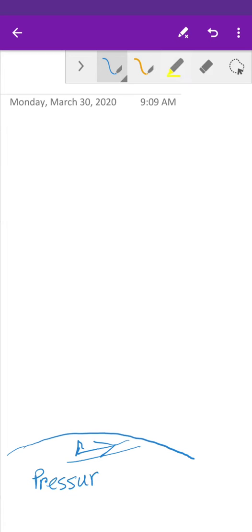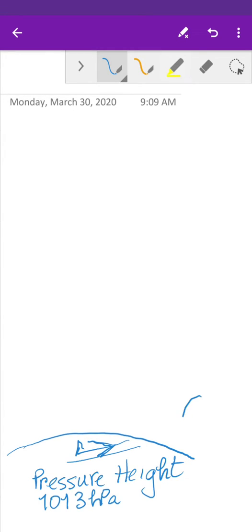Now, pressure height is not the same as actual altitude above ground level. Pressure height is the model of where the plane thinks it is flying based on the pressure of 1013 hectopascals. In your airplane, there's an instrument called an altimeter.